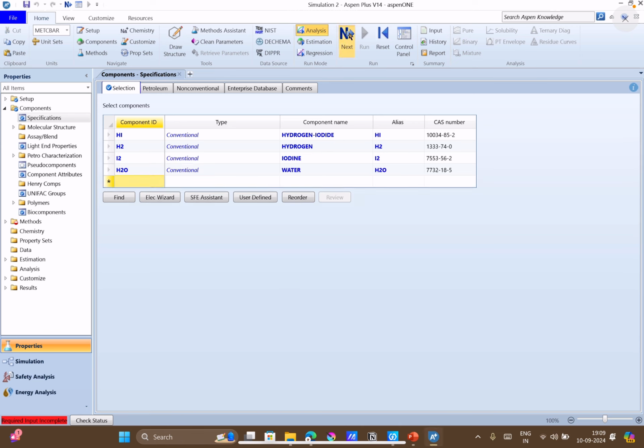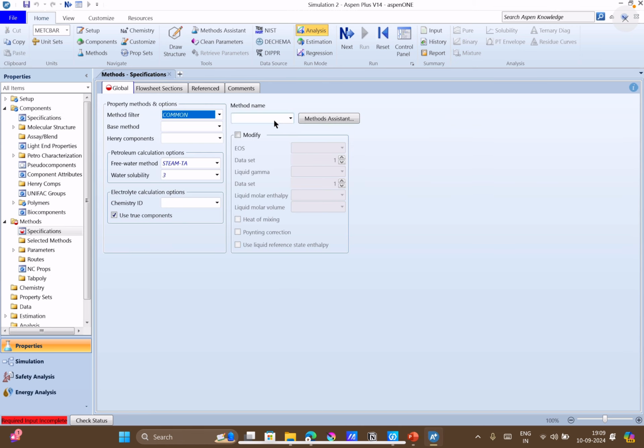We have been asked to use an NRTL method, so let me select that and run the property analysis here.